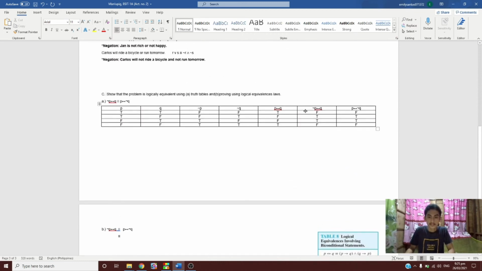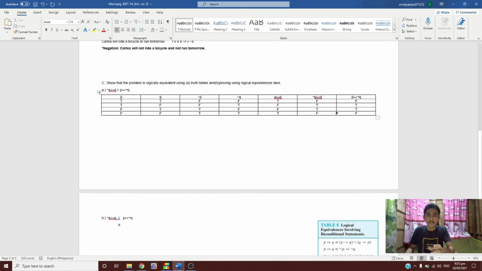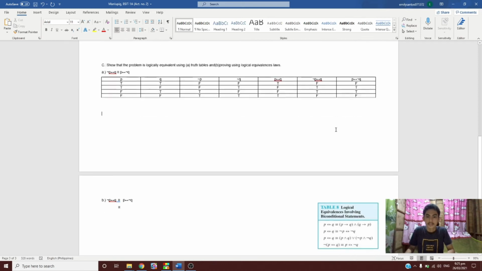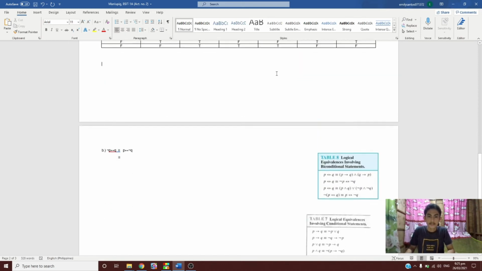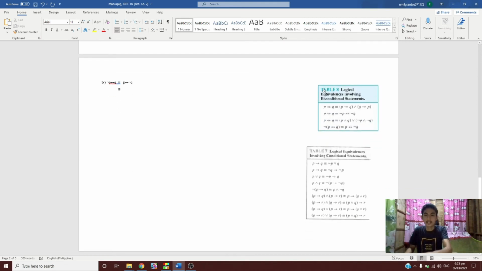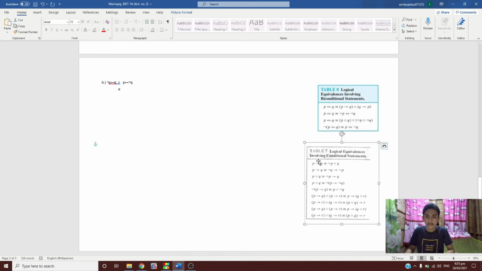First we used truth tables, and we showed they are equivalent. Next is using equivalence laws. I'm just putting an image here as a copy, for me to understand the logical equivalences, since this problem is a biconditional. So I'm going to start solving right now.